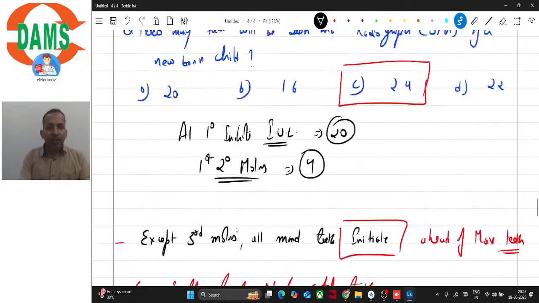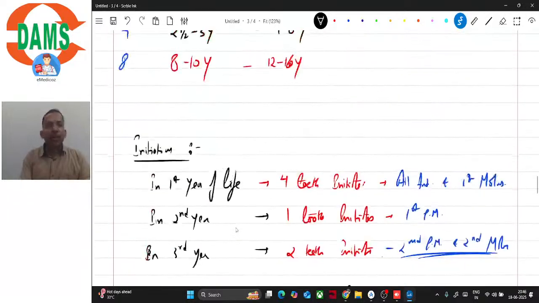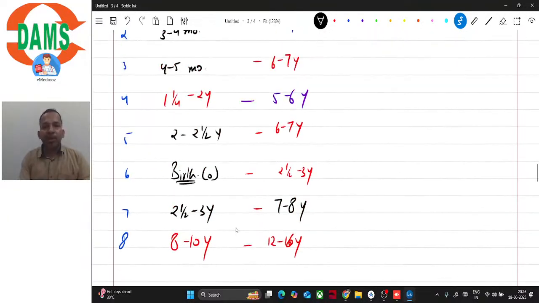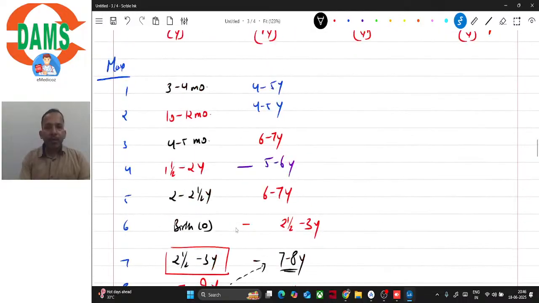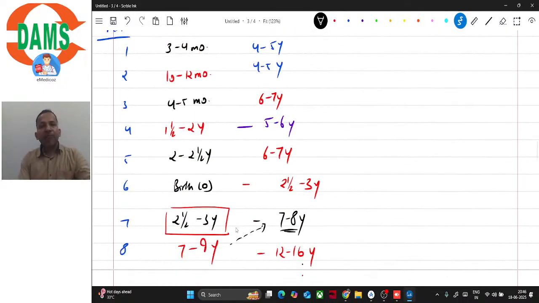So these were the eruption dates and these were the initiation and crown completion dates. So let's go back to it once again. The first tooth to complete, or the crown completion for the first tooth, is first molar. After that, all the incisor crowns are completed at 4 to 5 years of age, right?